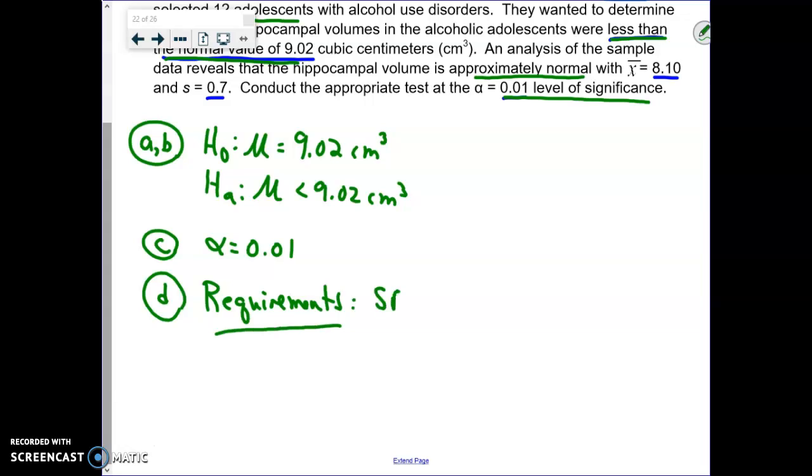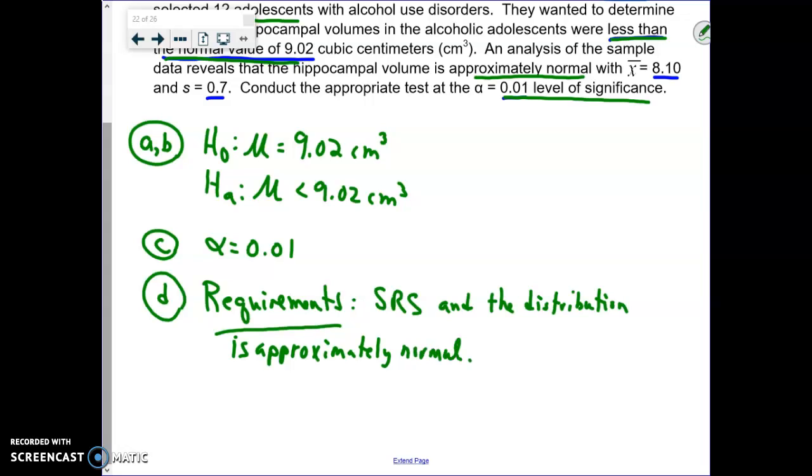We have a simple random sample, because the individuals were selected at random, and the distribution is approximately normal. Now, what I mean by normal is not the normal value, but that the distribution seems to be fairly bell-shaped.